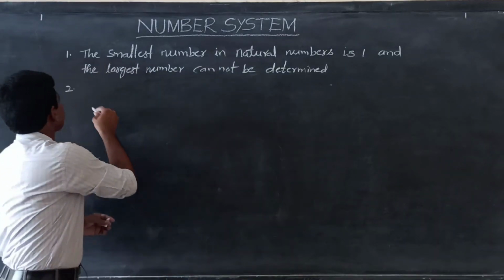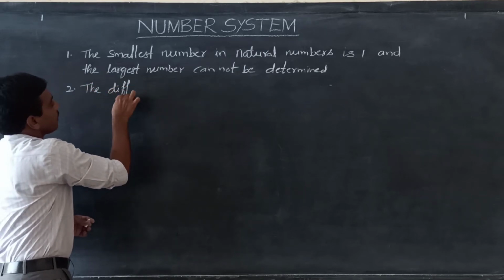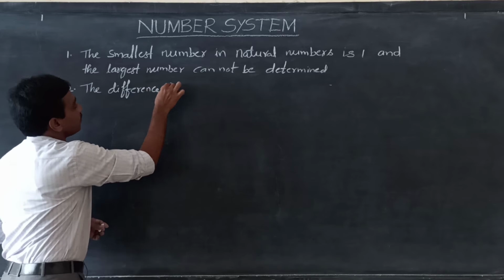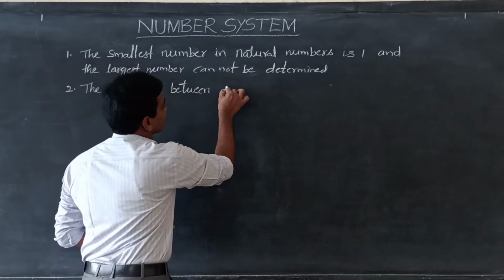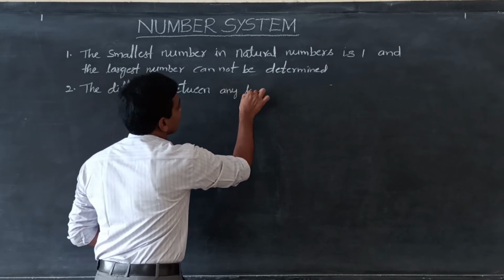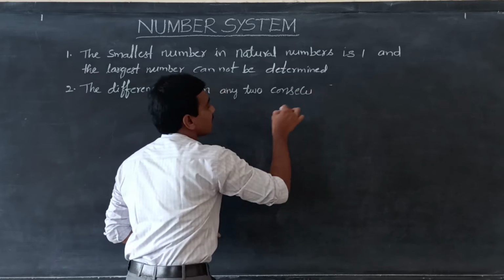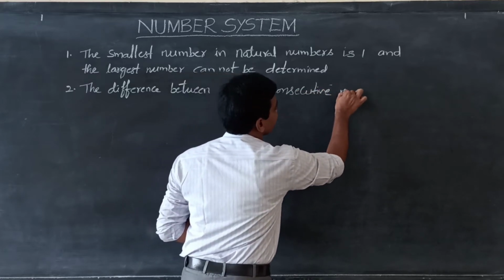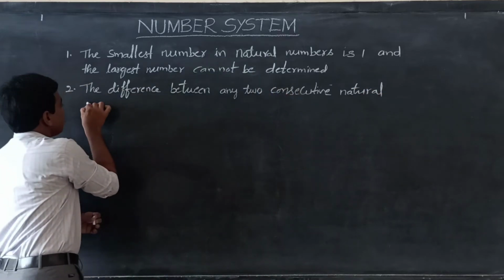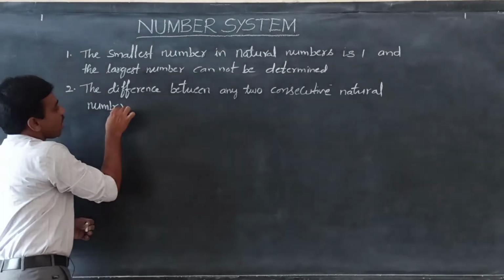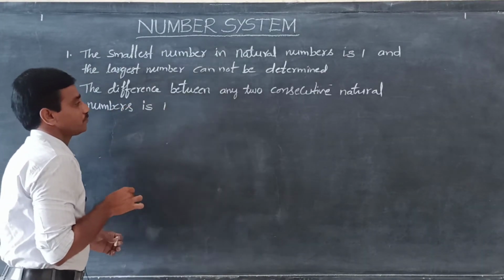Now, the difference between any two consecutive natural numbers is 1, right?